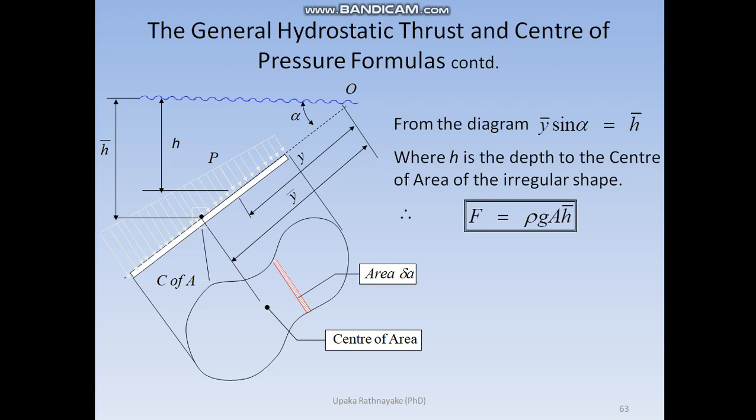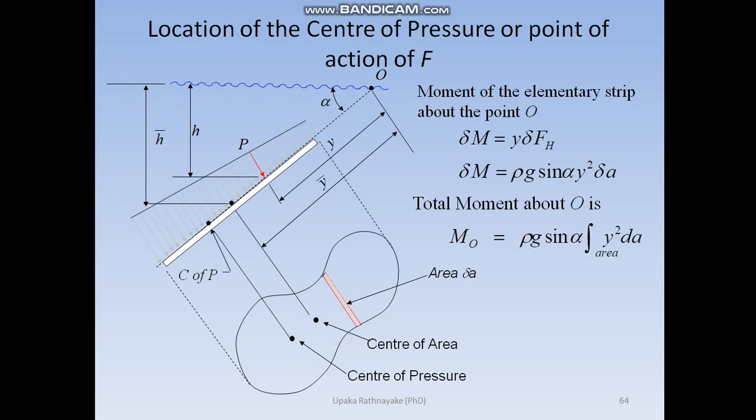Rho is the density of the liquid, g is the gravitational acceleration, A is the total area of the irregular shape, h bar is the height from the free surface to the center of area of the irregular shape. We can check this formula by applying it to the case of the vertical rectangular surface.